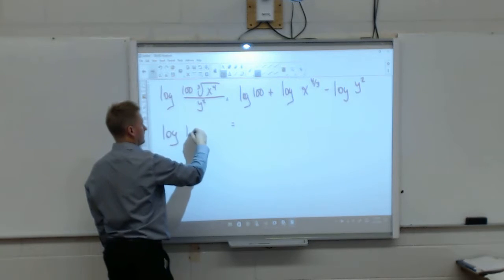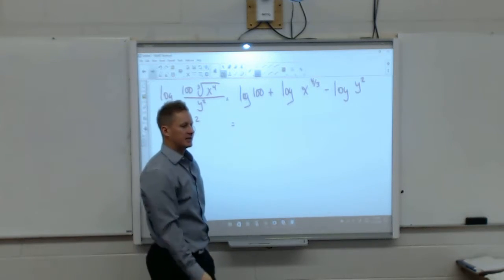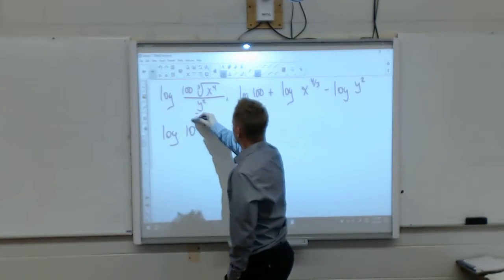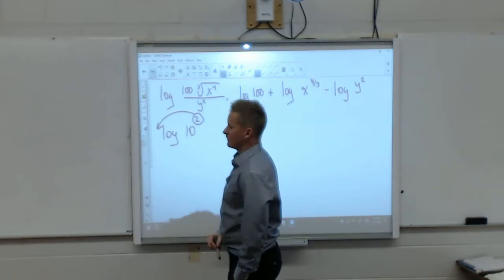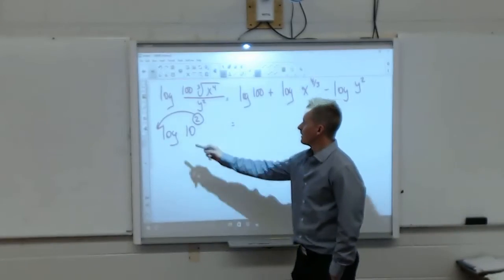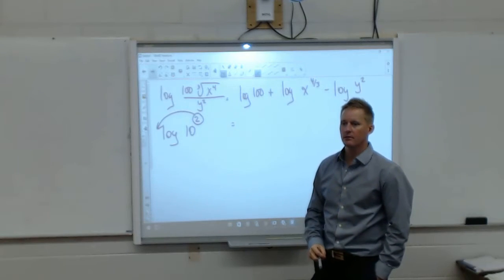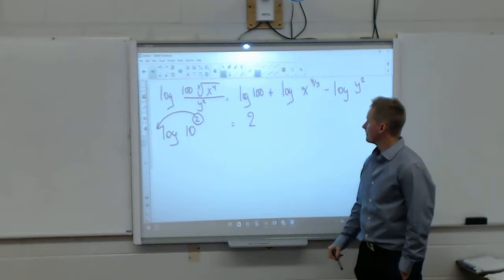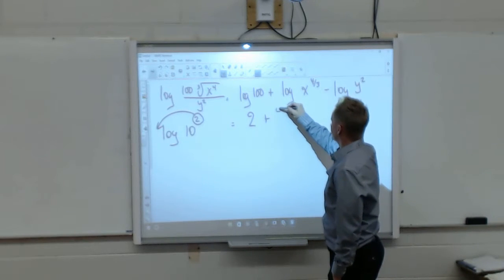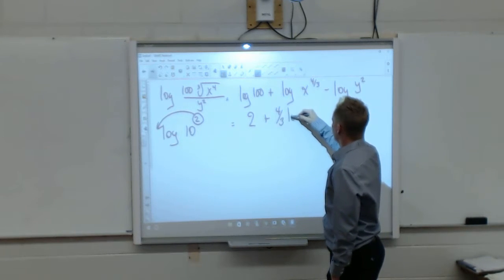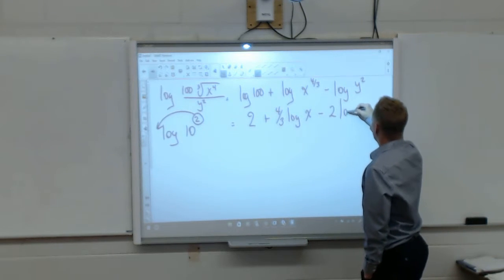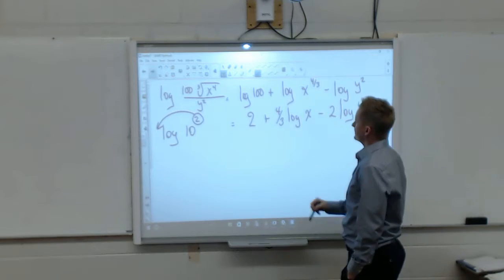What is 100? 100 is 10 squared, correct? Right? So now that goes there. What's the log of 10 to the base 10? 1. So this is actually 2. Right? And then the rest is just moving now. 4/3 log x minus 2 log y.